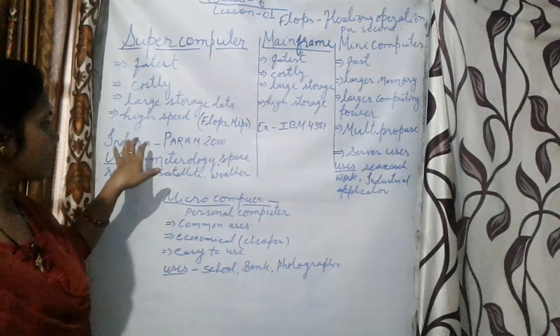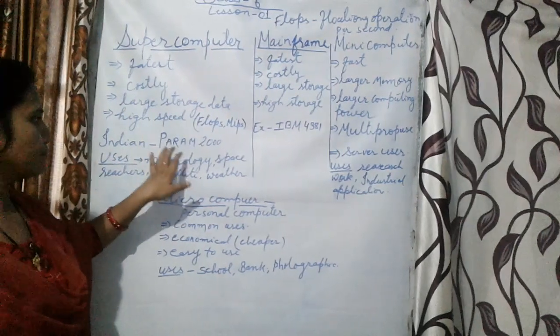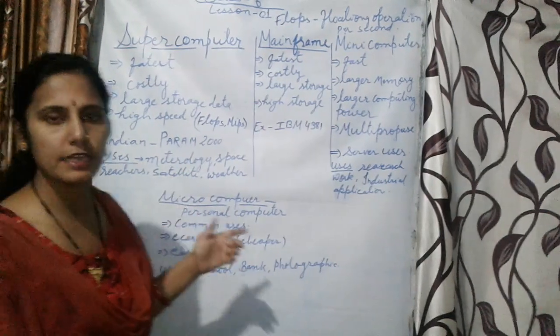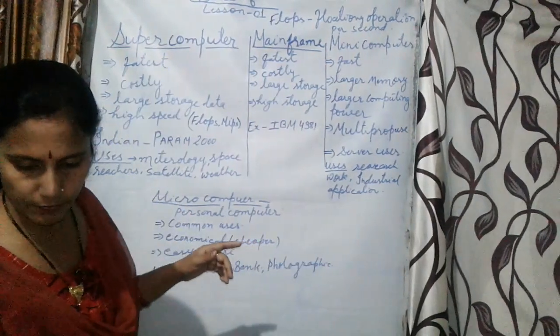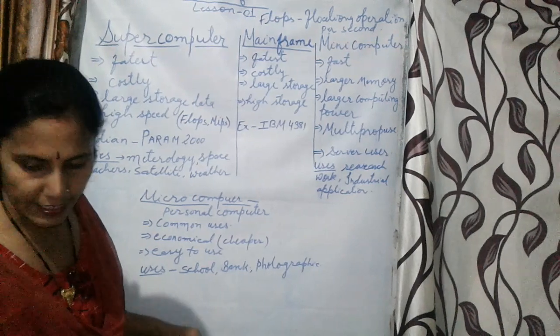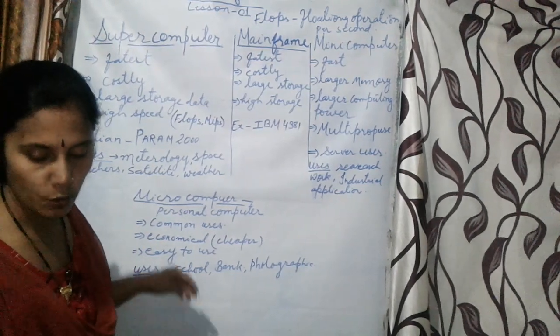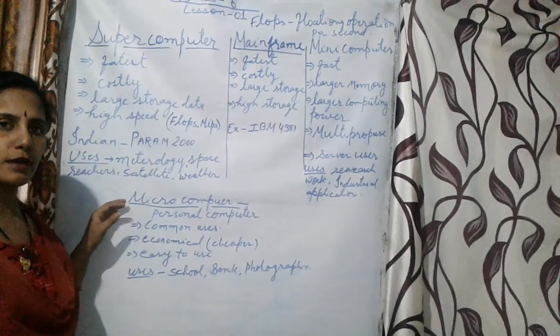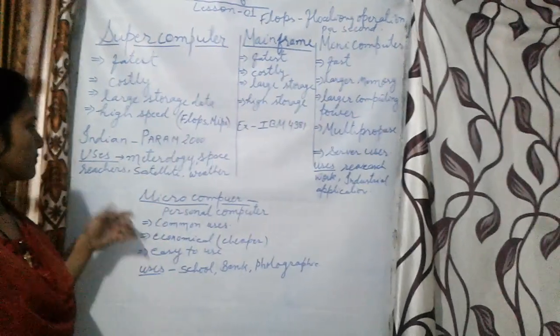The first Indian supercomputer is the Param 8000. Some more supercomputers we have are Titan and IBM Sequoia. These are examples of supercomputers. Let us see where these supercomputers are used.